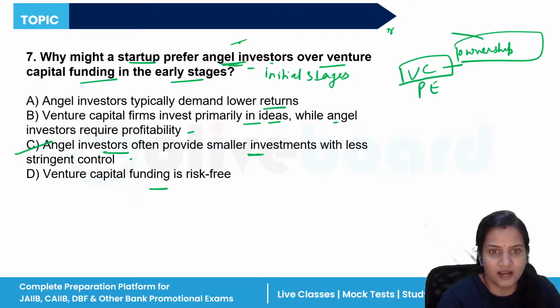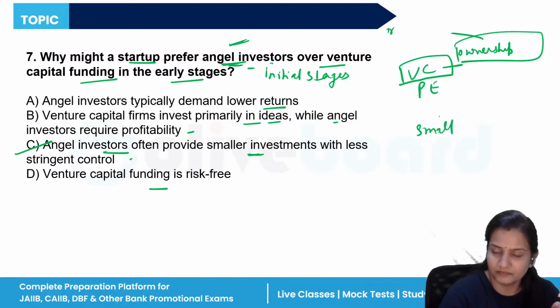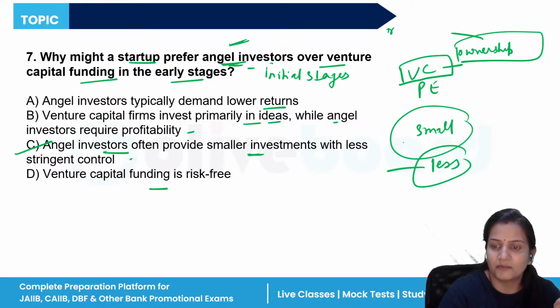Whereas angel investors provide small investment, in pieces, and their control is also less. Means they will not take as much ownership as the venture capital takes. Their rules and regulations are also not very stringent. That is why many startups prefer angel investors.